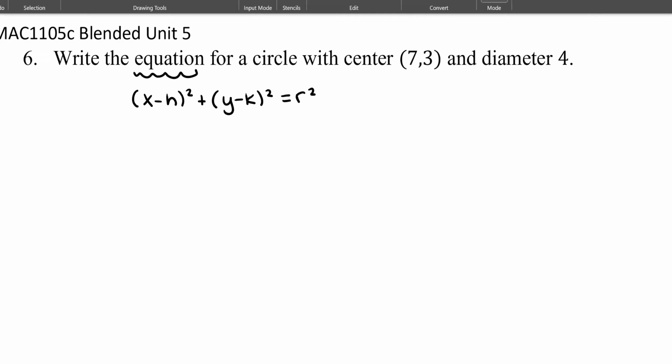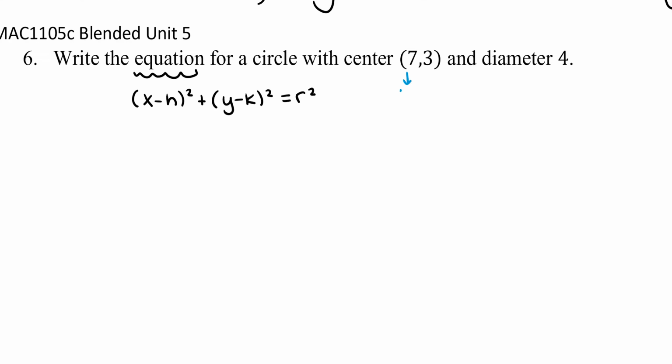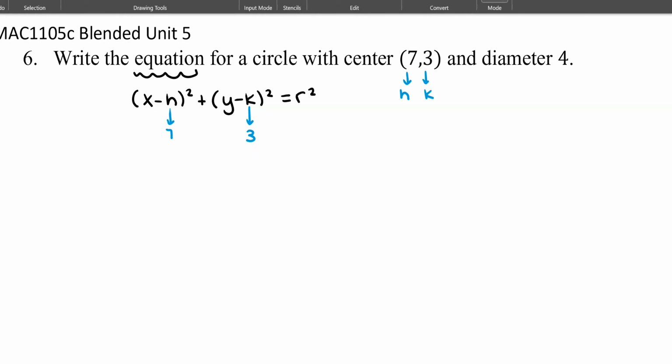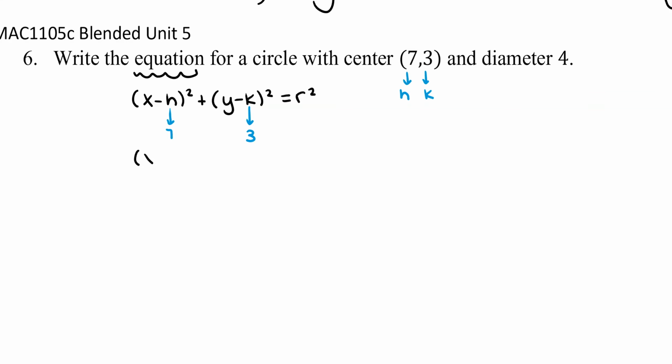So in my formula here, my h is 7 and my k is 3. So I can replace h with 7 and k with 3. That's going to give me x minus 7 squared plus y minus 3 squared.